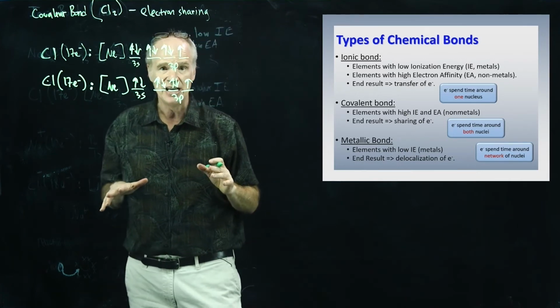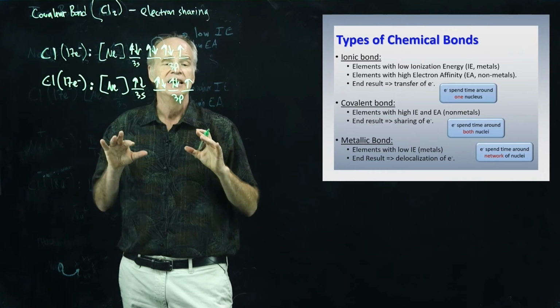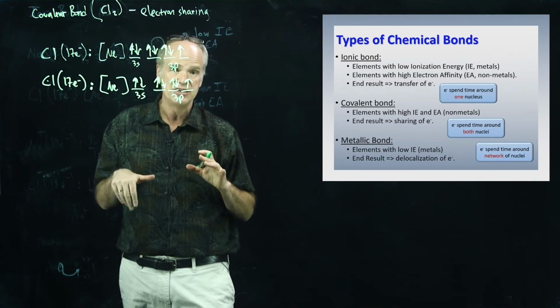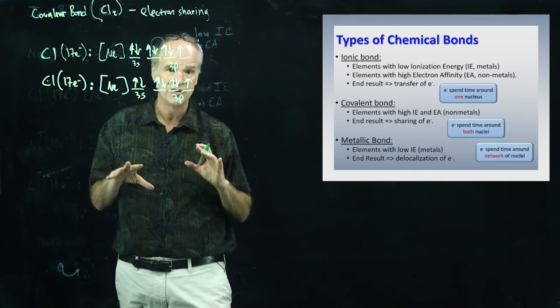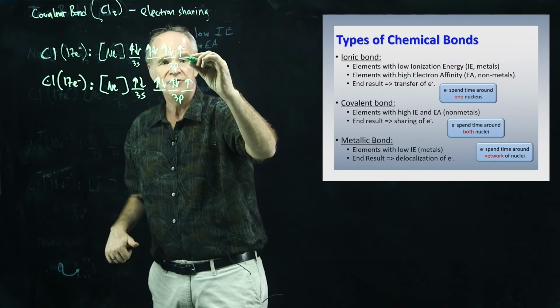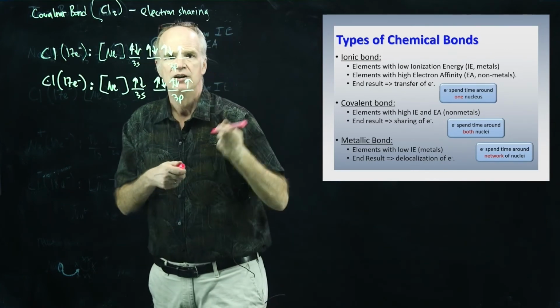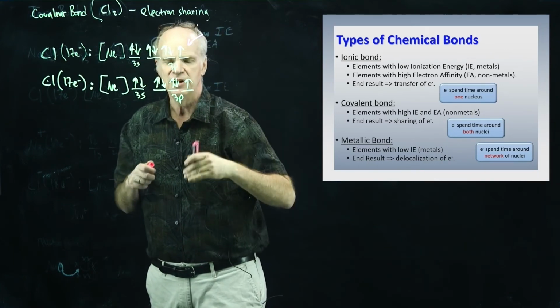Okay, that doesn't happen. And again, you can sort of understand that by looking at the ionization energies of the electrons in the highest energy level. So if an electron were to leave chlorine, it would be this one here, which I'm going to point to with a red arrow. But here's the problem.